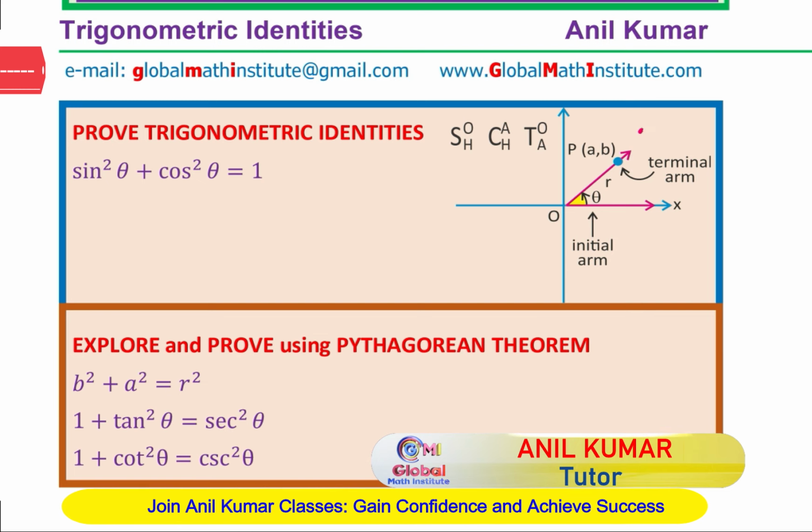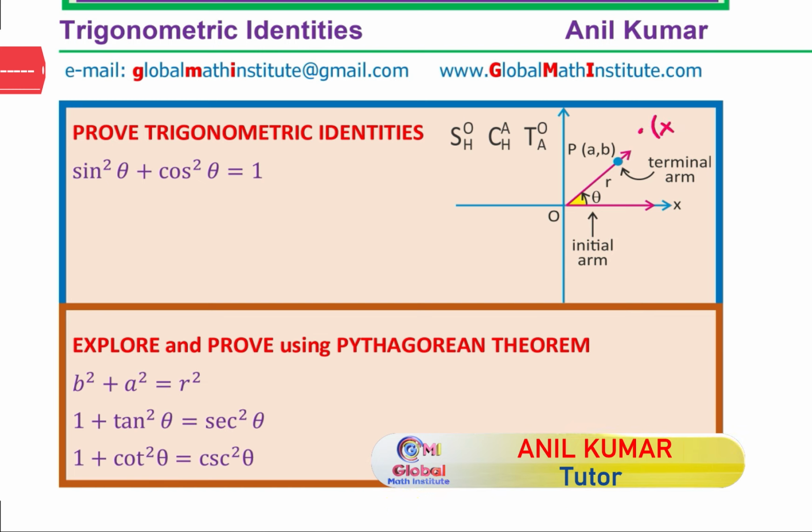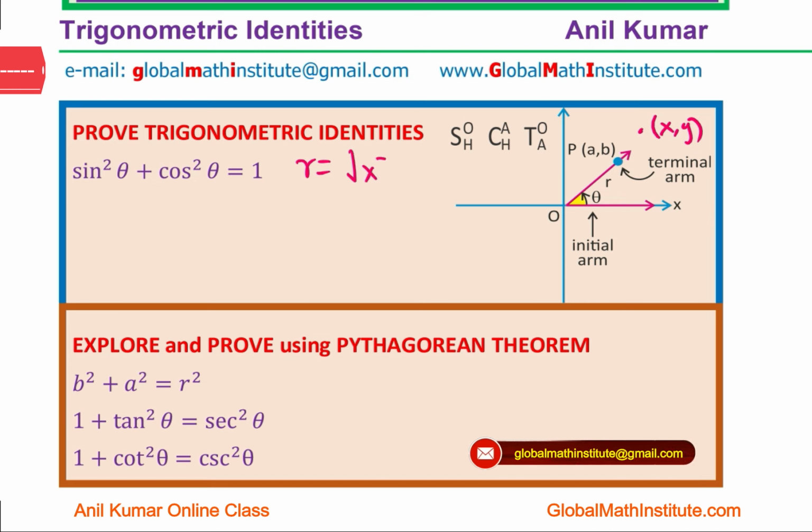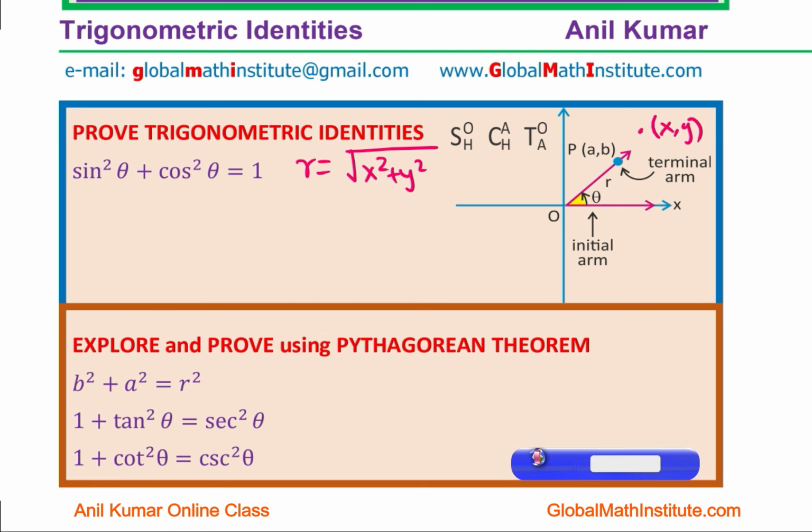I could have any point here, not just A, B. We have any point on the coordinate plane x, y with a distance r, where r is equal to the square root of x squared plus y squared. So when we can prove something for any point, that means it becomes an identity true for any point in your Cartesian plane. Makes sense, right?